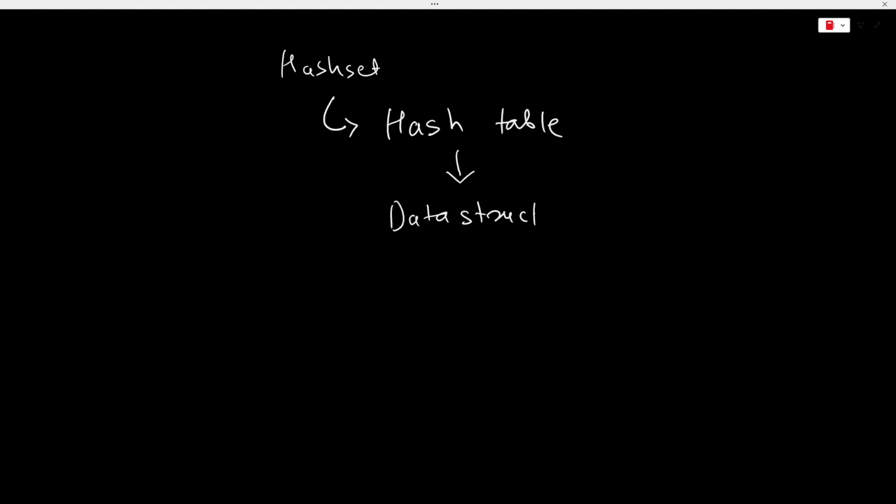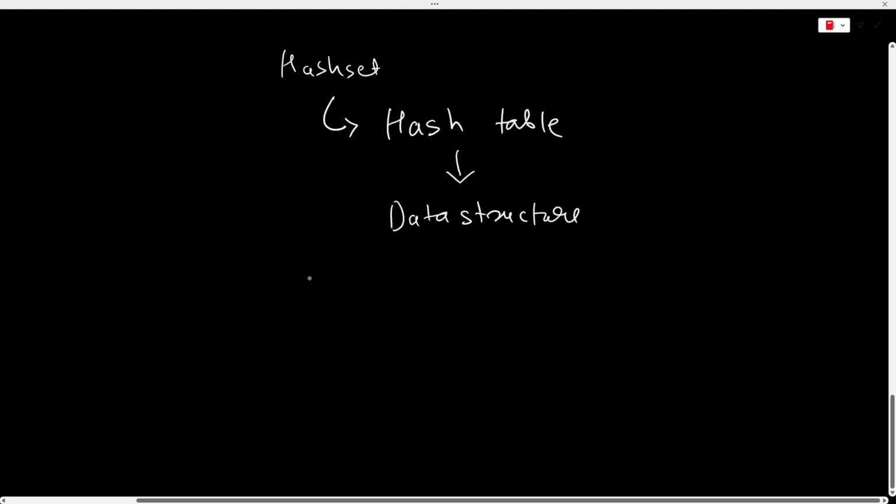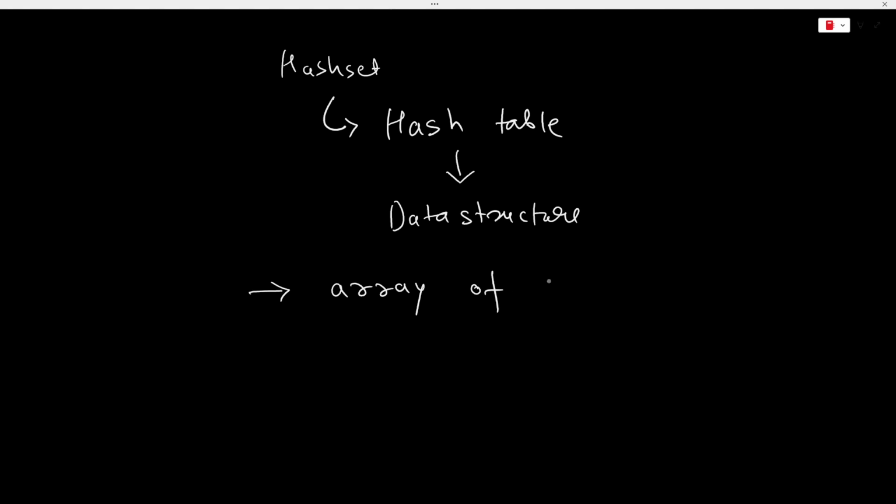Now behind the scenes, how is this implemented? A hash set is implemented as a hash table. A hash table is a data structure which is essentially an array of buckets.